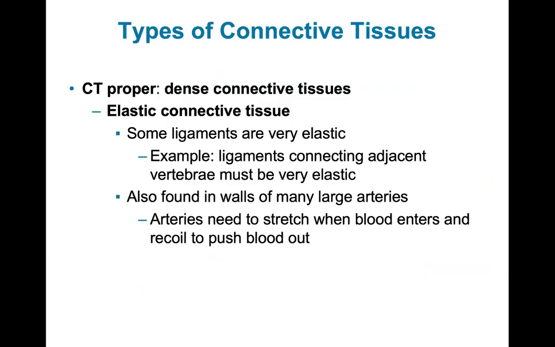Elastic connective tissue. Some ligaments are very elastic. You're going to have a lot more elastic fibers present. This type of connective tissue would be found in the walls of many of the larger arteries. Arteries need to stretch when blood enters and recoil to push blood out.